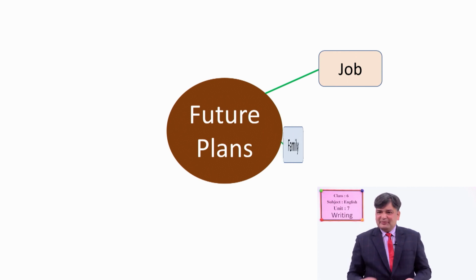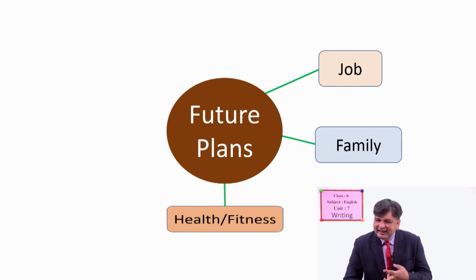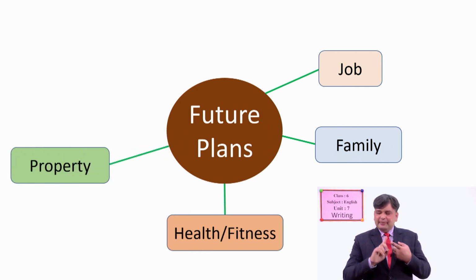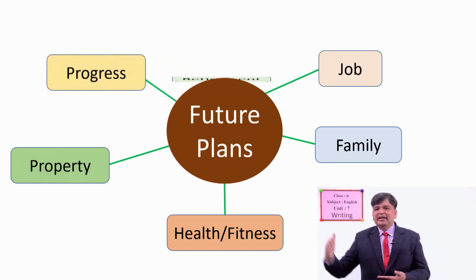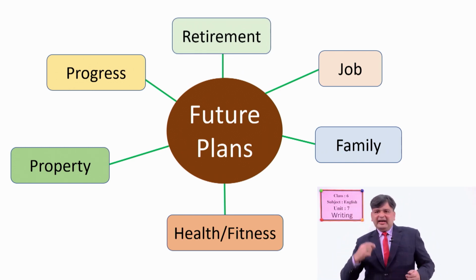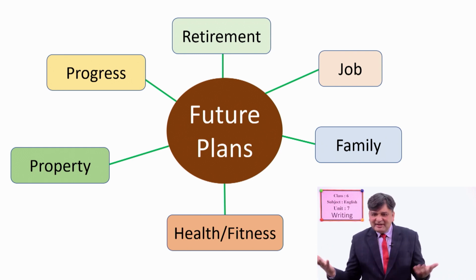Before we write, let's have a think about our future plans. We plan about job, we plan about family, we plan about health and fitness, we plan about property. We also plan about progress that we make in life, and finally retirement. So when you grow, you will have a job. When you have a job, you will marry maybe.